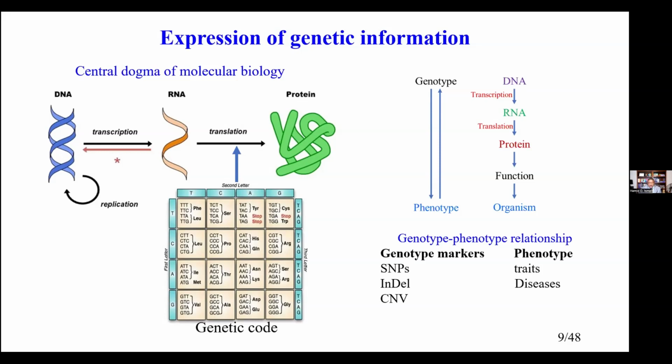These genes, in fact, code for messenger RNA. And all this we call the central dogma of molecular biology. That means the DNA can be transcribed into RNA, and RNA translated into protein.